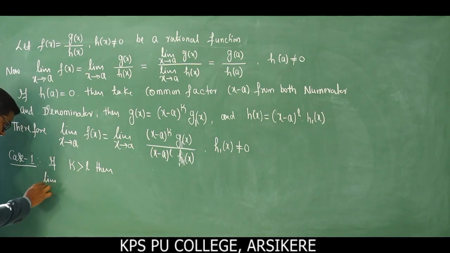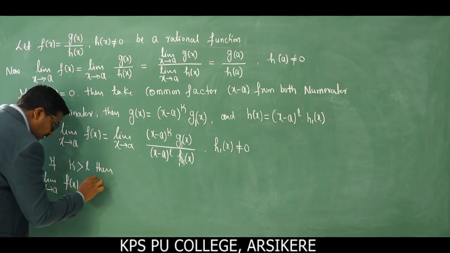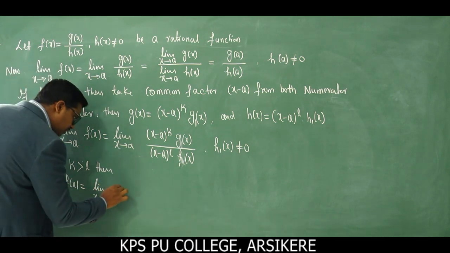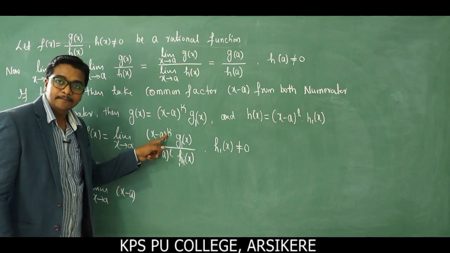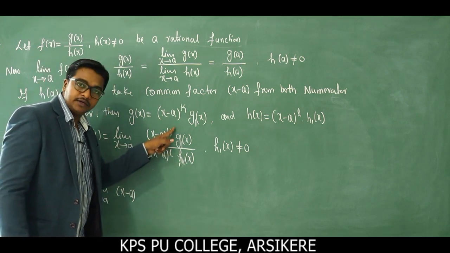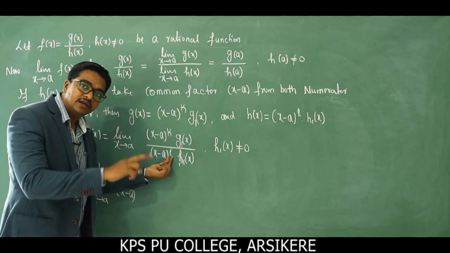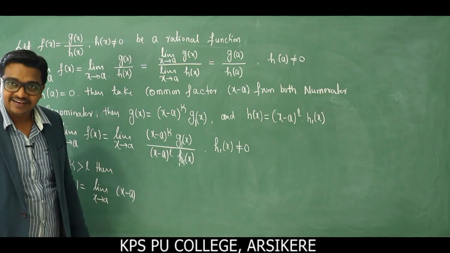limit as x tends to a of f of x becomes limit as x tends to a of (x minus a) whole power k. This term goes to numerator. (x minus a) whole power l going to the numerator becomes (x minus a) whole power minus l.